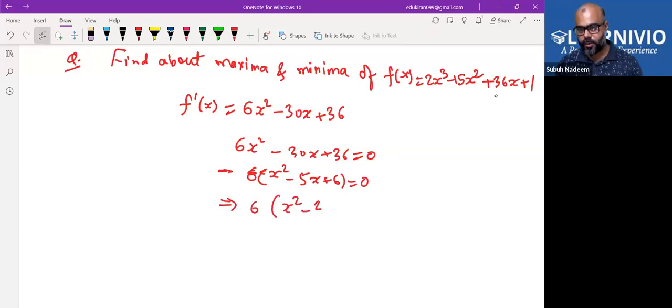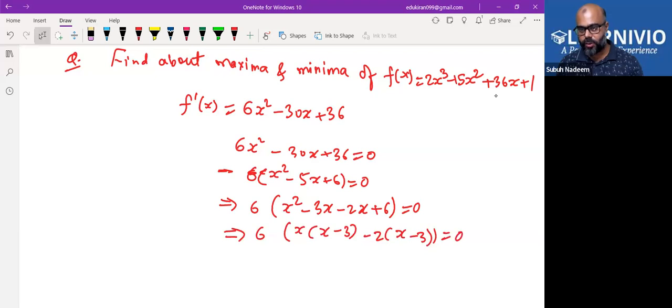So it will be x square minus 3x minus 2x plus 6 equal to 0. So it will be x into x minus 3 minus 2 into x minus 3 is equal to 0. So from here, 6 into, you take x minus 3 common and x minus 2 equal to 0. So you write it till here.